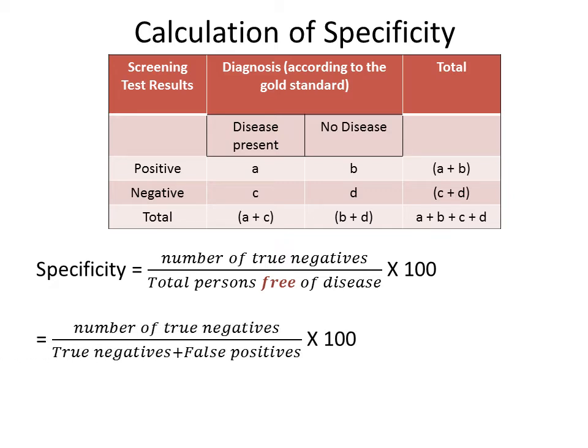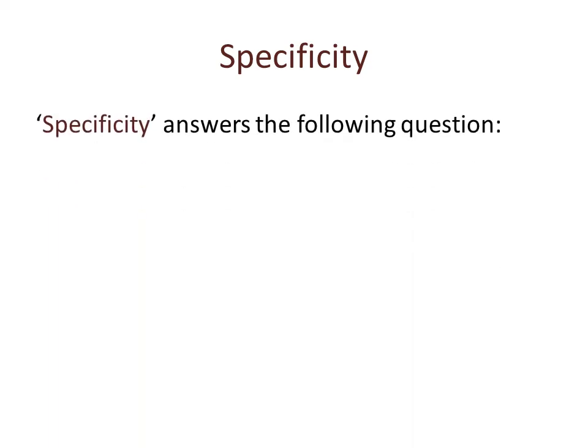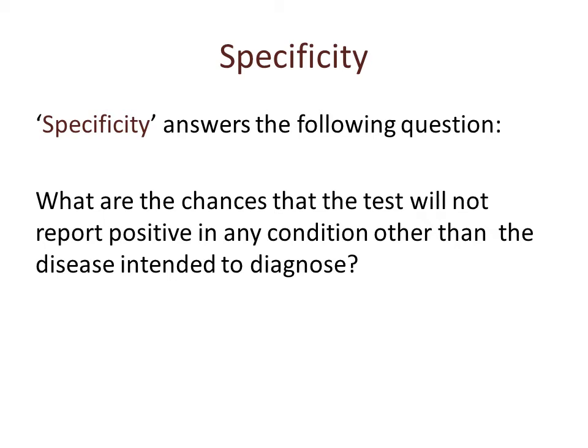So that will be the number of true negatives divided by true negatives plus false positives. That is D divided by B plus D times 100. Clear? Specificity answers the following question: what are the chances that the test will not report positive in any condition other than the disease it intends to diagnose?